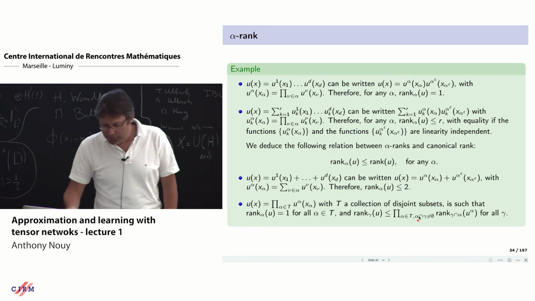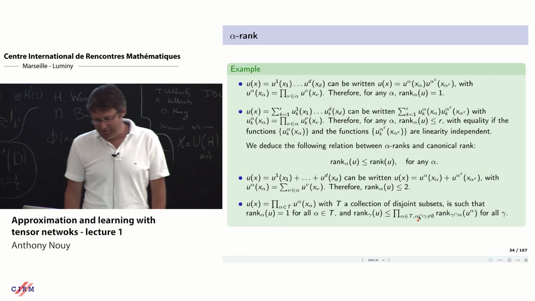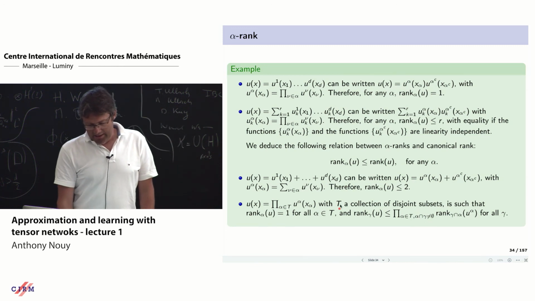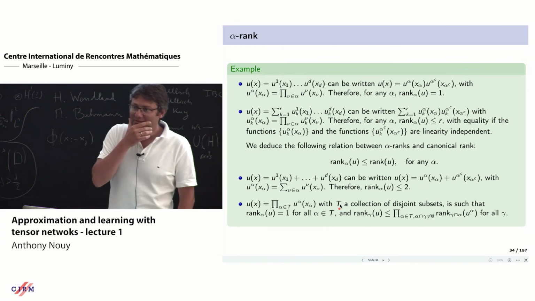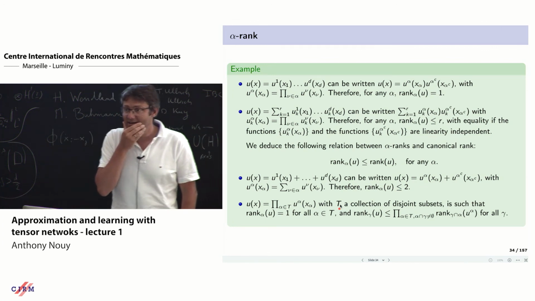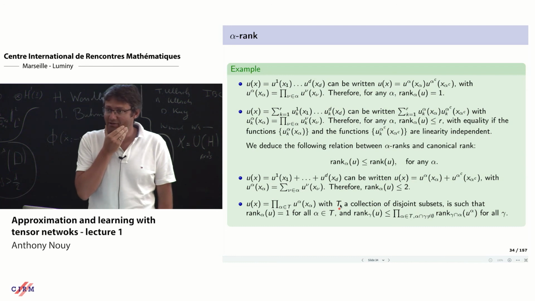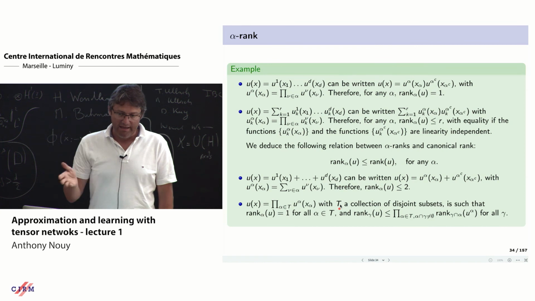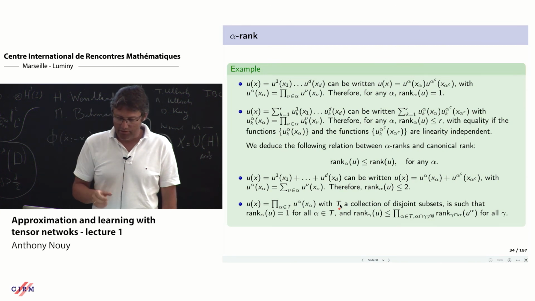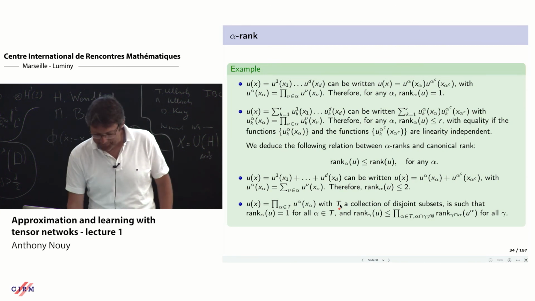I won't go into the detail of this, but I leave this as an exercise. So you can play with this, and Mazen prepared some examples where you will have to play with this notion of ranks, try to find ranks and encodings in the different formats I will present, for some particular functions.